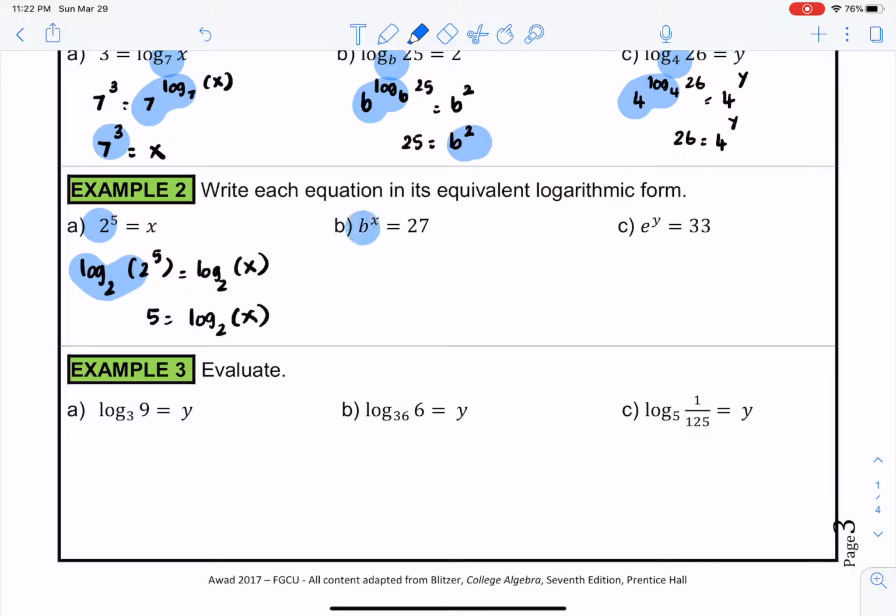Similarly, we observe the base there, which is b, so we have to take log base b on both sides. Those two go away. We simply have x is equal to log base b of 27.